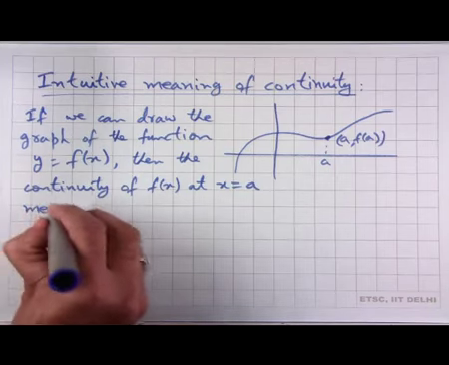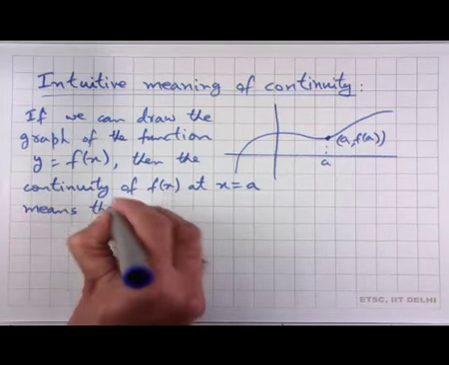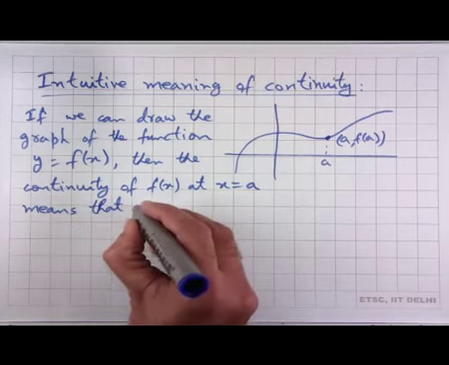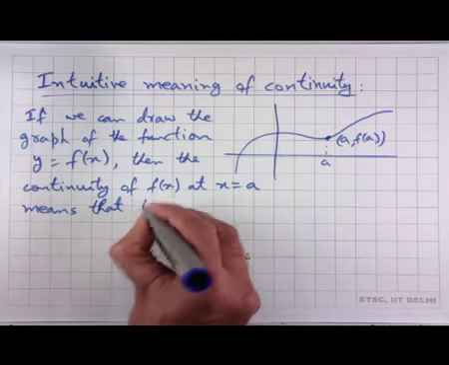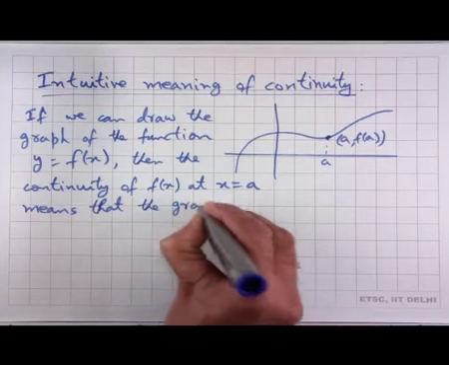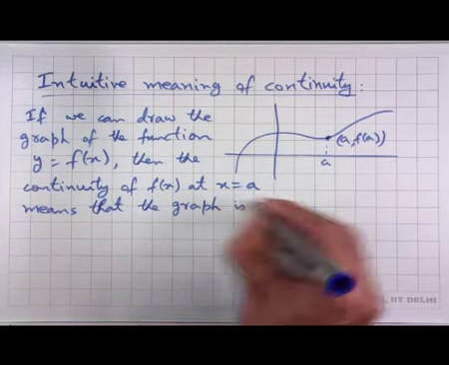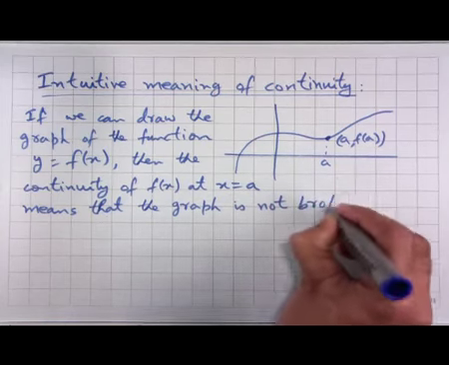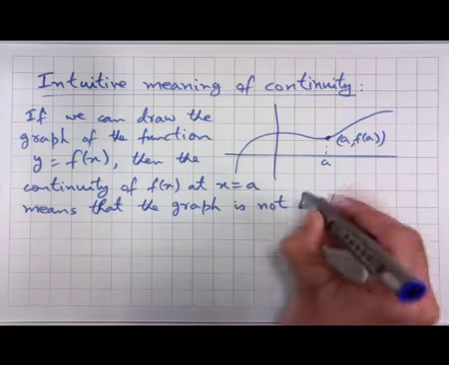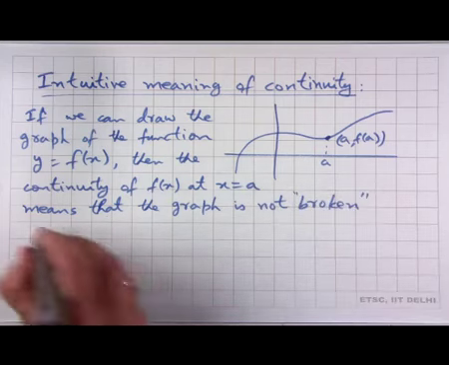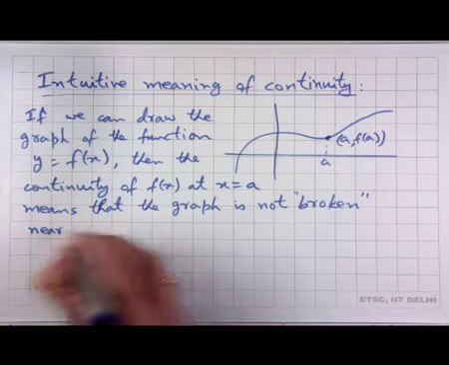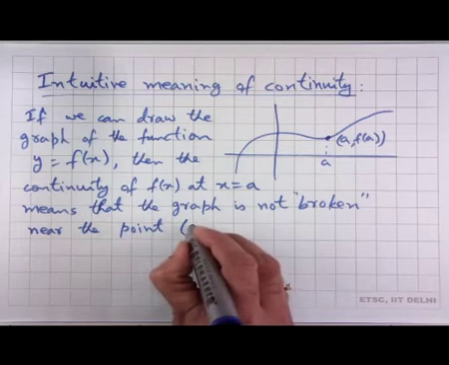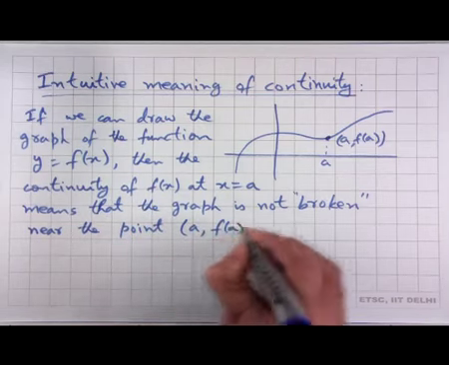means that the graph is not broken near the point a comma f of a on the graph.